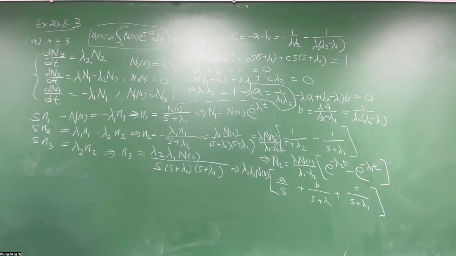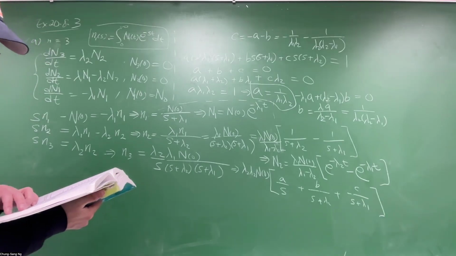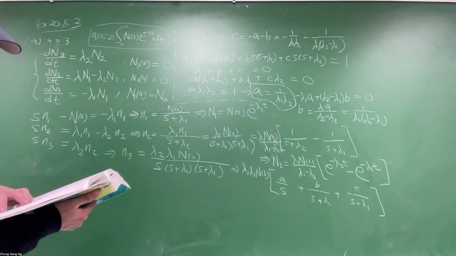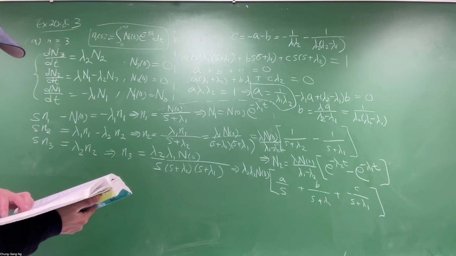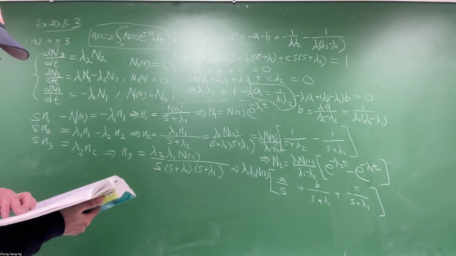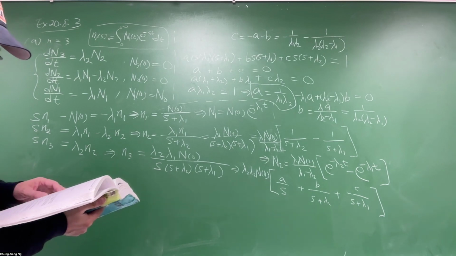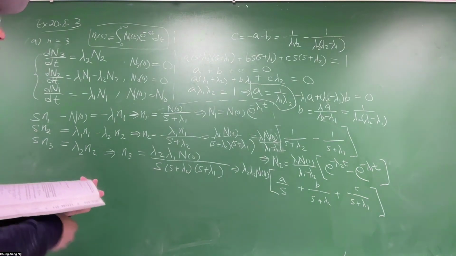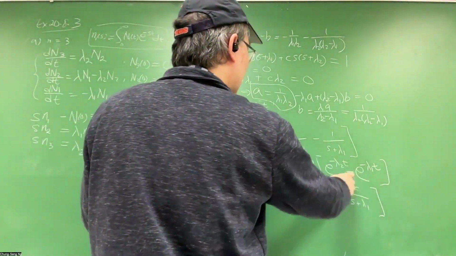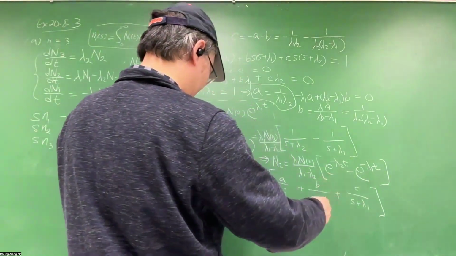How about the other part? Find an approximate expression for n2 and n3 valid for small t and lambda 2, lambda 1 close to lambda 3. So that basically is a limit. And lambda 1 is close to lambda 2, so you have these two terms.